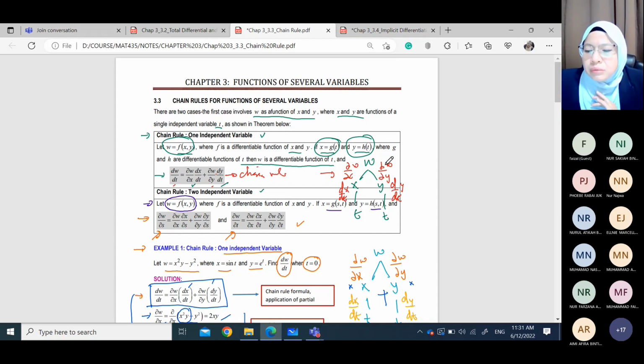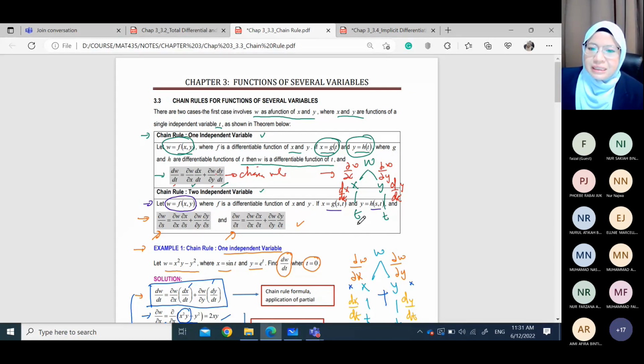So kat situ berlaku satu network. In W we have x and y. In x and y we have another variable which is t. Dia boleh juga jadi dua level, boleh juga jadi tiga level which is t depend on the other variable. Rule ini kita panggil sebagai chain rule, iaitu rule yang berangkaian, rantaian.